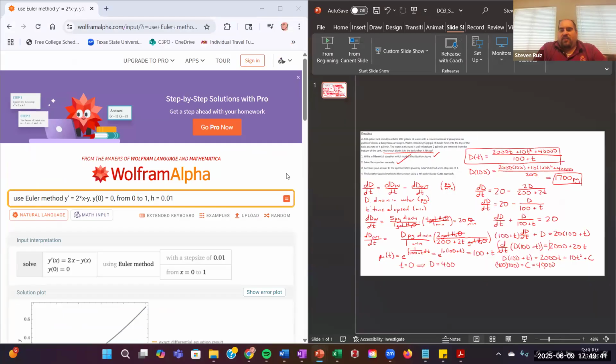So I want to solve the differential equation y prime equals 20 minus, and I have to translate this for my actual variables, y over 100 plus x.